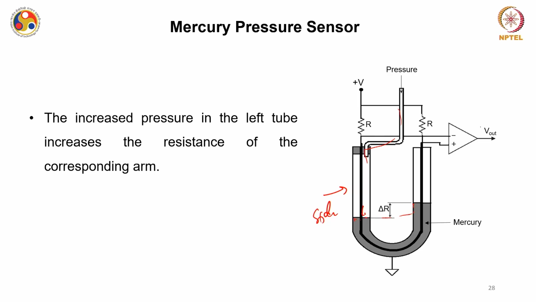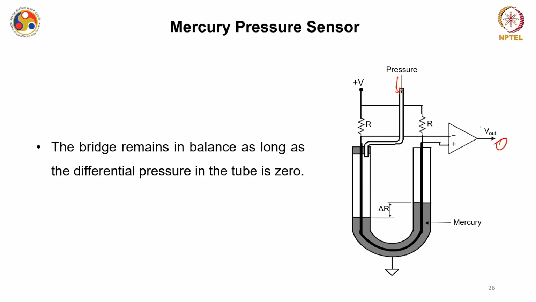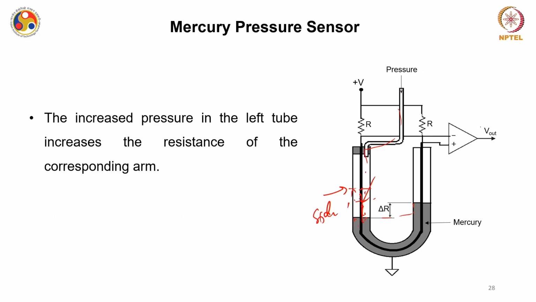So the increased pressure in this left tube increases the resistance of the corresponding arm. When this level is going down, it means that this wire is getting exposed, right? When it was dipped in mercury, it was shorted. Now when this liquid level goes down from the initial value, this resistance is exposed.